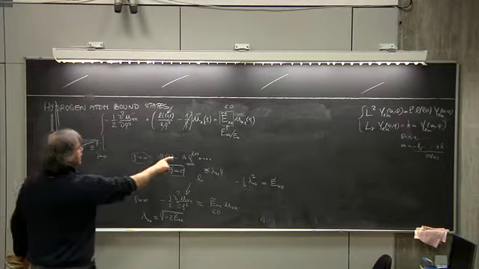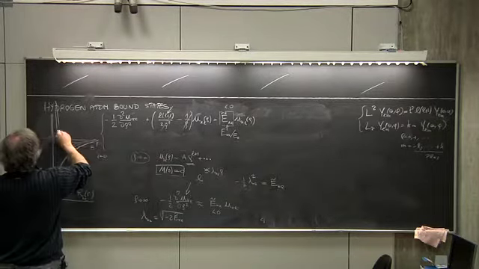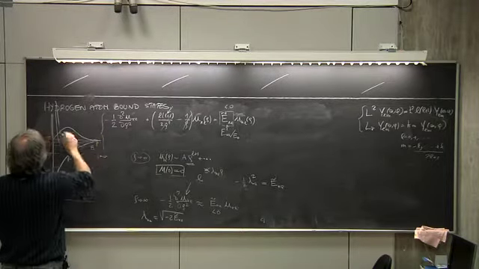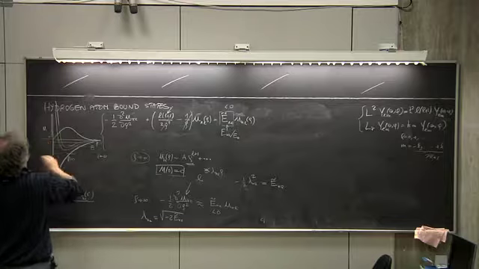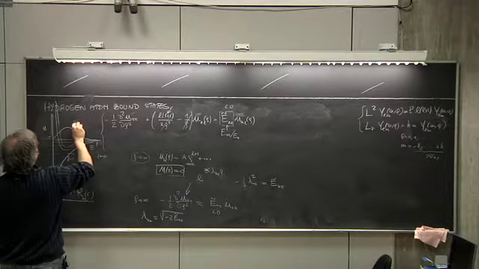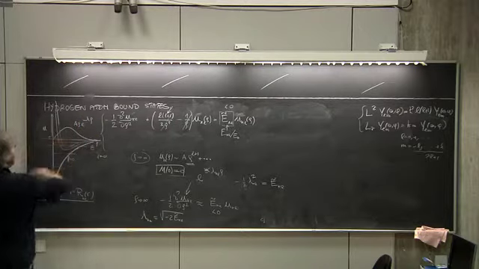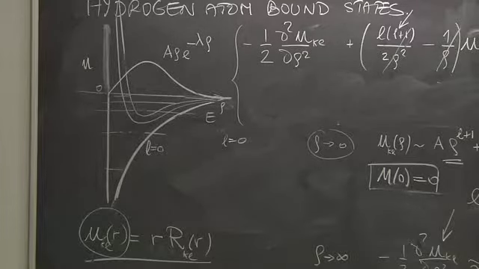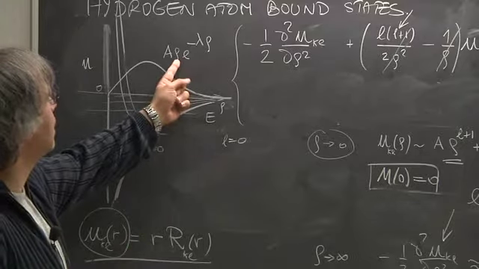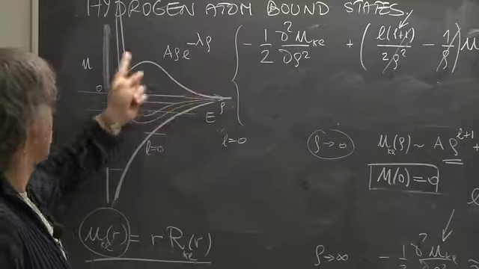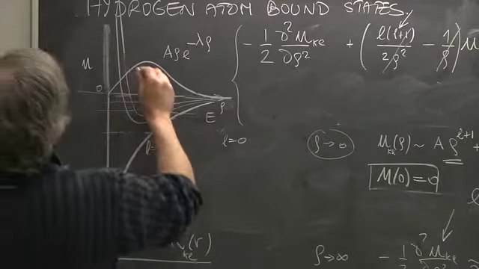A function that starts like rho, and ends exponentially, like this, okay? I'm drawing u here. So a function like a rho e to the minus lambda rho, okay? Like that. This is certainly the good behavior for small r, large r, for L equals 0, obviously, okay?